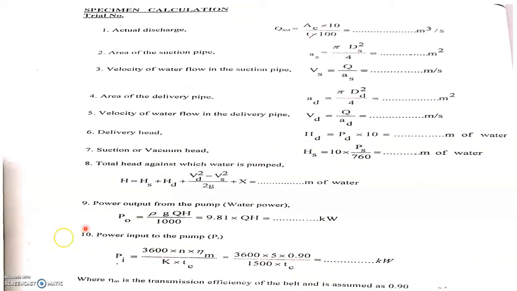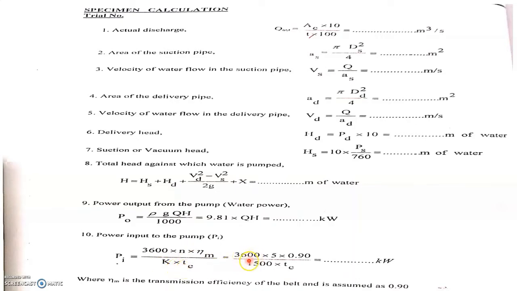Now you need to find the power output for the pump. The power output formula is given as P0 equals rho G QH by 1000, equals 9.81 into QH. Then you need to find the power input to the pump, that is 3600 into N into Nm by K into TC.